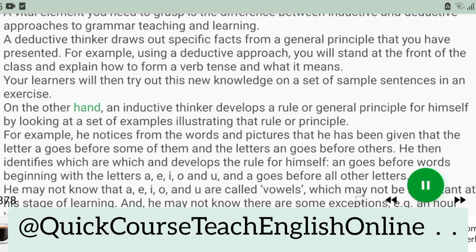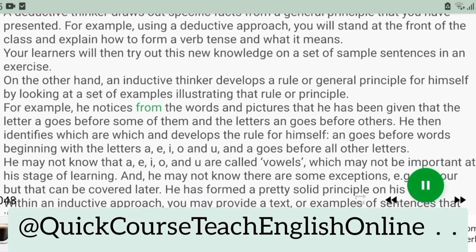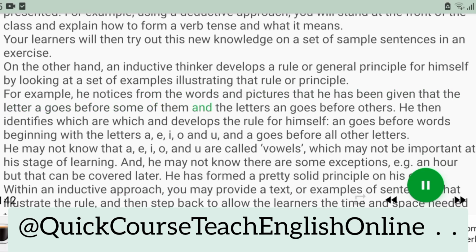On the other hand, an inductive thinker develops a rule or general principle for himself by looking at a set of examples illustrating that rule or principle. For example, he notices from the words and pictures that he has been given that the letter A goes before some of them and the letters AN go before others.